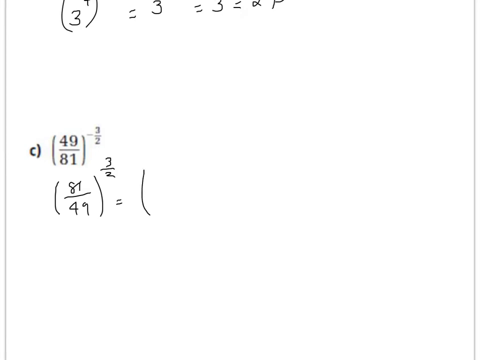Now 81 is 9 exponent 2, and 49 is 7 exponent 2, exponent 3 over 2.